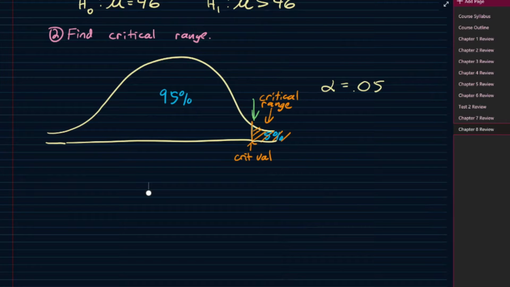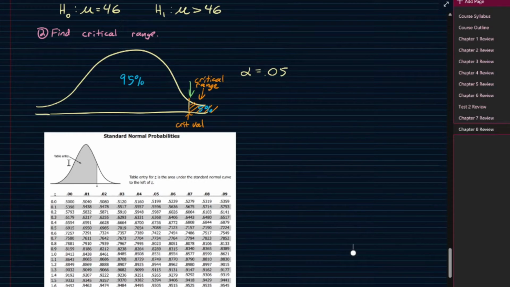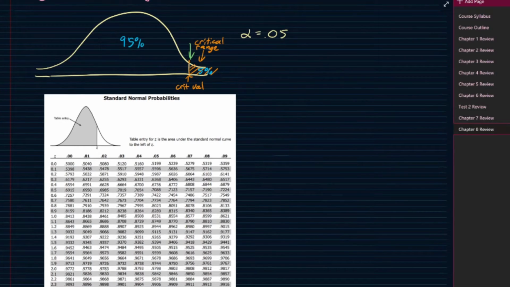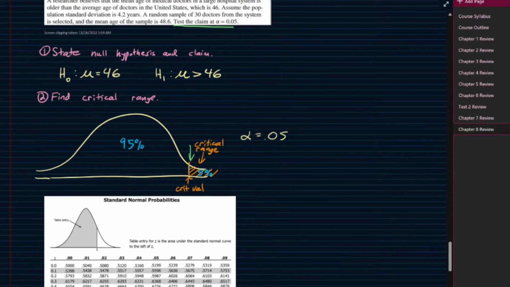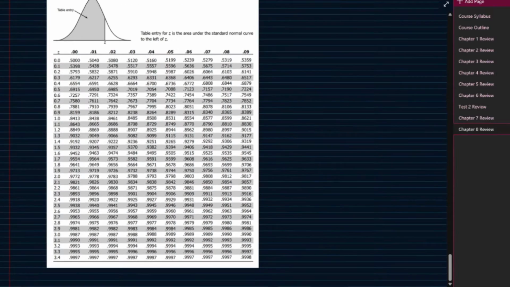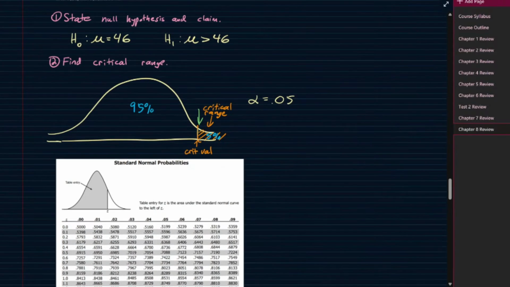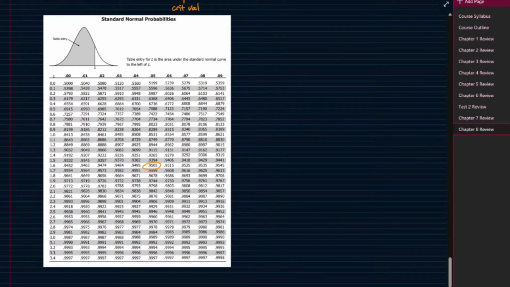Let me just get the table real quick. Okay, so I've got my z-table here. Again, we want to look for what's closest to 0.95, because we're looking for the point such that the area to the left of that point is 0.95, or closest to 0.95. So I guess either of these would work, but the book defaults to 1.65. I guess you could pick either of them technically, or you could split the difference. But for a significance level of 0.05, we typically end up using 1.65.